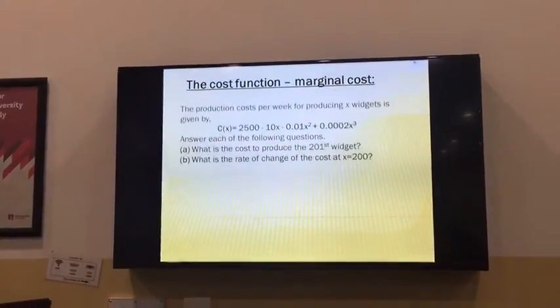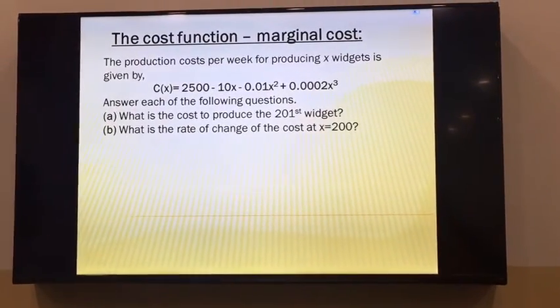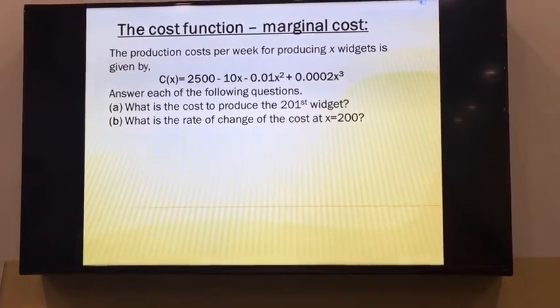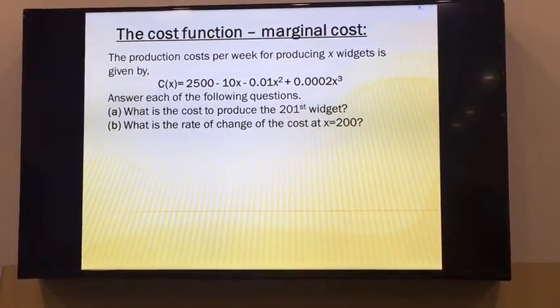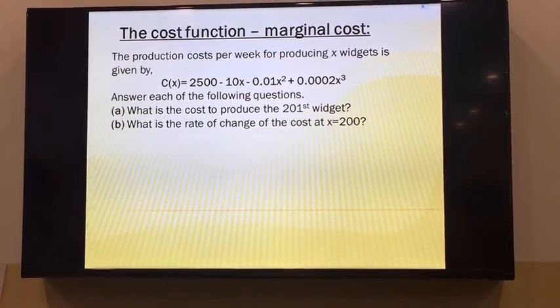Firstly, I will show some information about marginal cost. Let's look at the example on the slide, question A. It asks for the marginal cost between producing the 200th and 201st units.